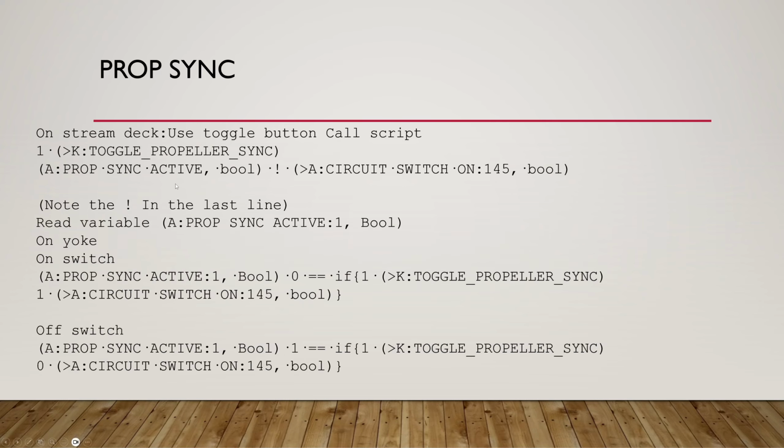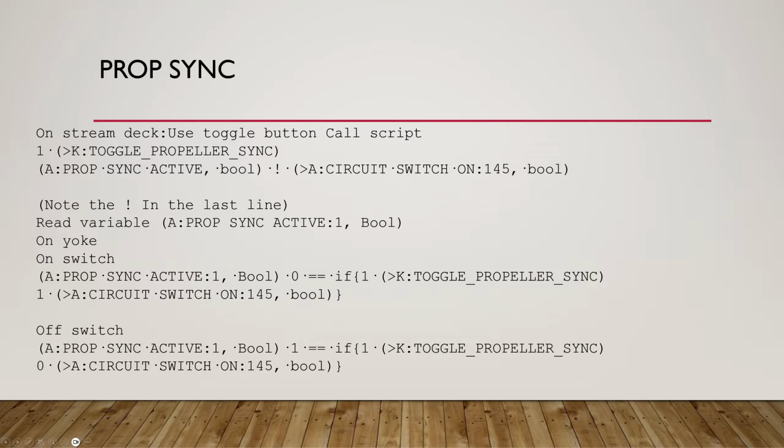So the script here, that's the script being called, so it's going to read that, and then it's going to, if the prop sync is active, write it into this circuit here.